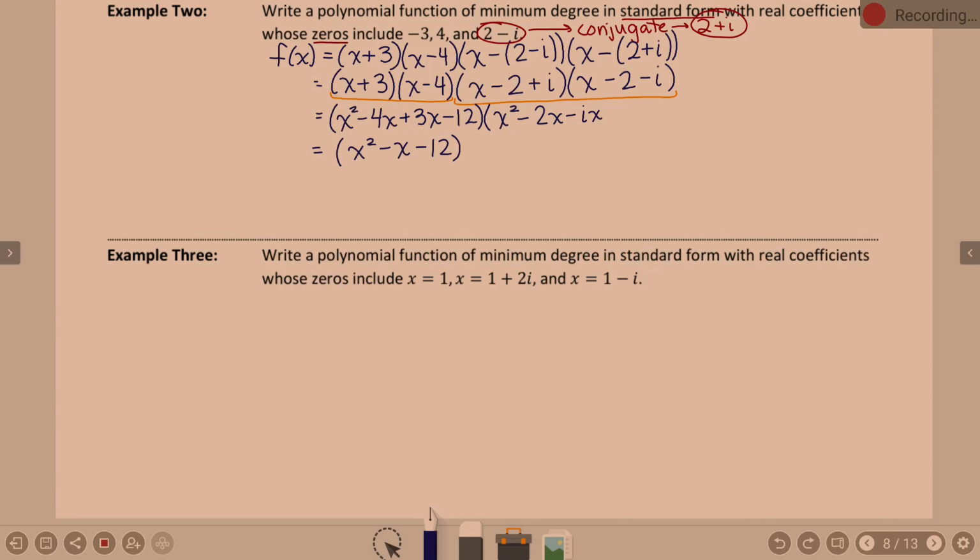Then I'm going to distribute my negative 2. Negative 2x plus 4 plus 2i. Then I'm going to distribute my i. Plus ix minus 2i minus i squared.